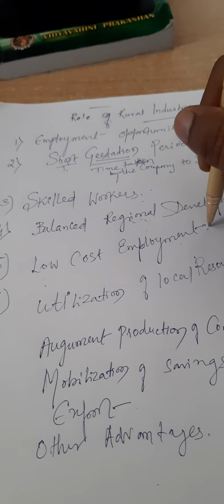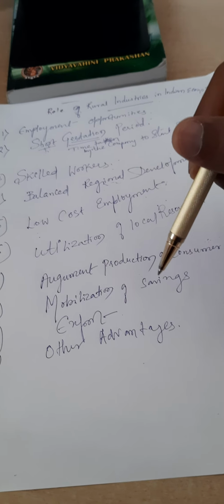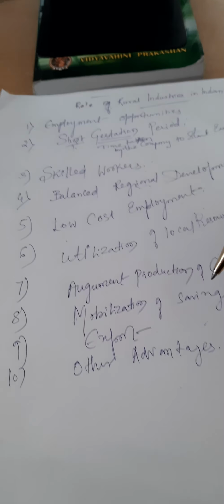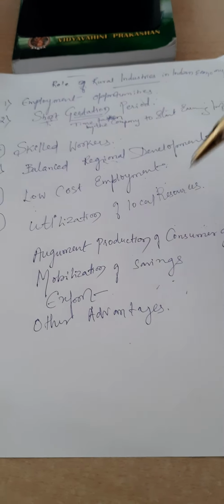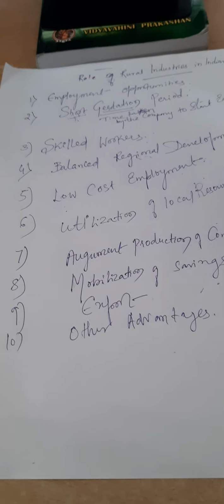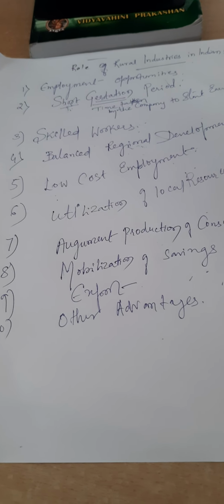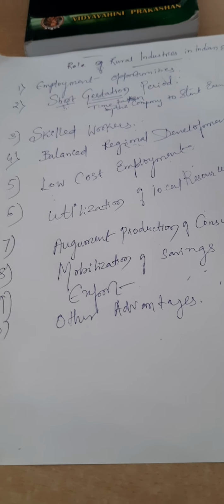And sixth is augmenting production of consumer goods. Seventh is mobilization of savings. Eighth is export. Ninth is export, and tenth is other advantages. So these are a few points that are the advantages of rural industries.